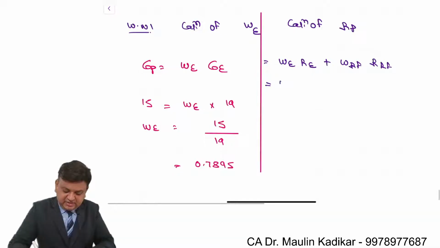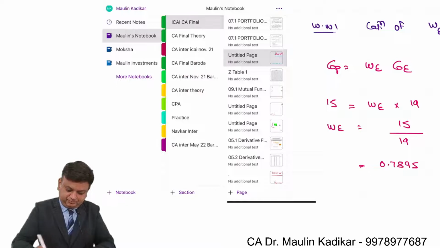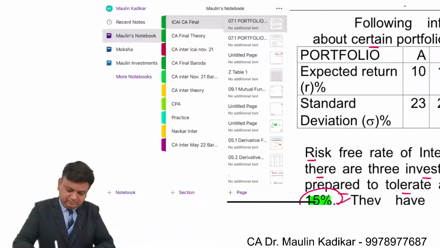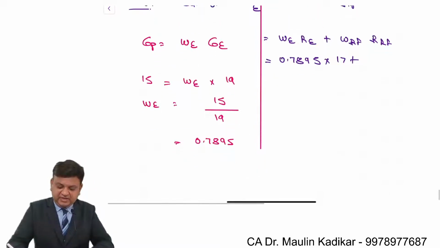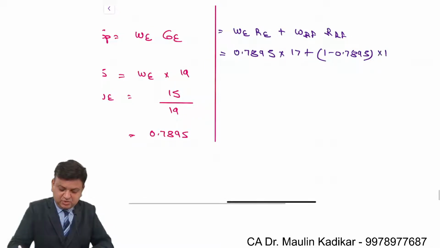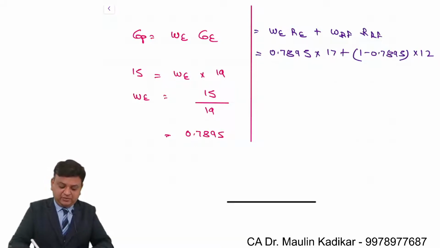It is 0.7895 into return of E is 17 percentage. Plus, we understand that the weight of RF would be 1 minus 0.7895 into return of RF is provided to us as 12 percentage. So into 12. That is the way we are required to make the computation of the return.